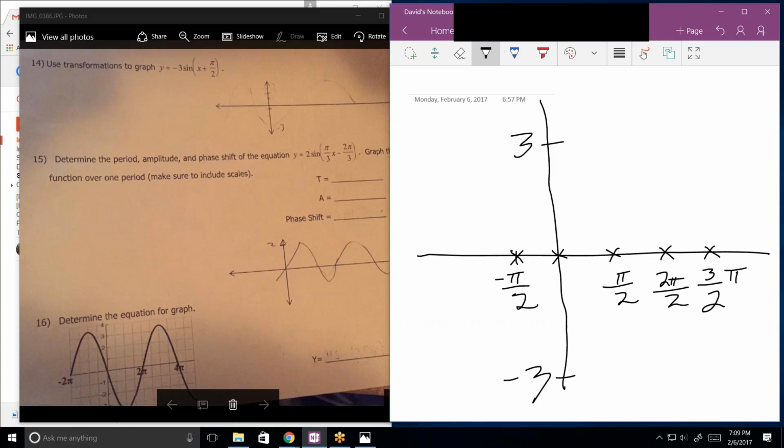We know the sine curve, and before we draw the reflected one, I'm going to draw the one without the negative sign, just to show you how to do it. I know that I start off at 0, right?